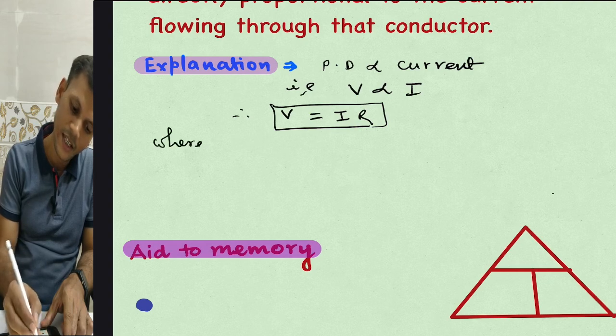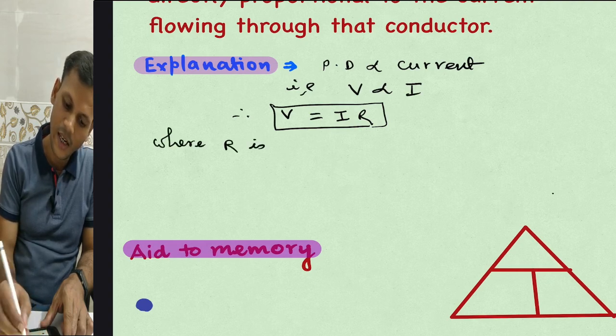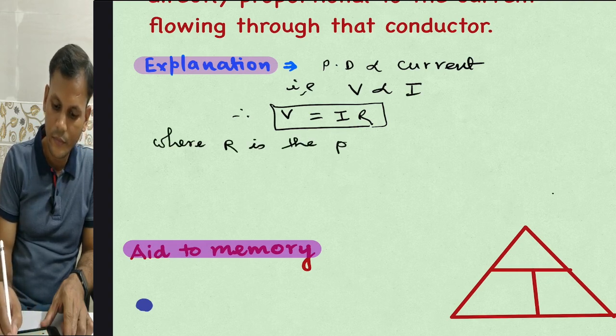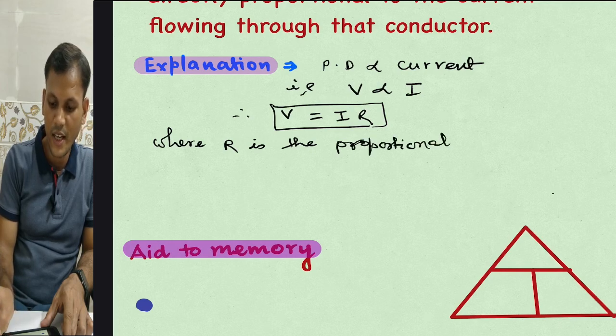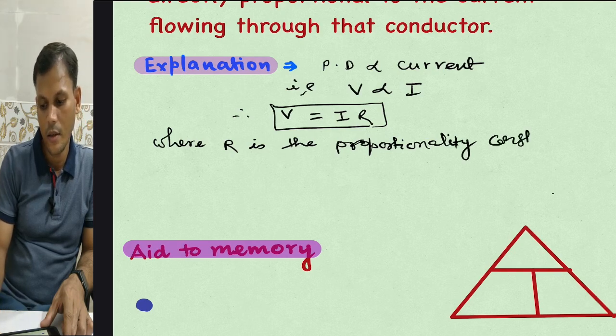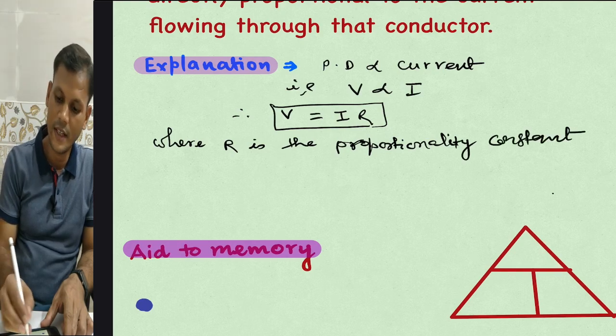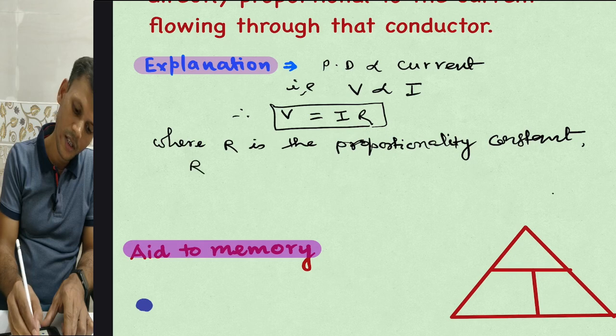So we can write where capital R is the proportionality constant, which is called resistance.